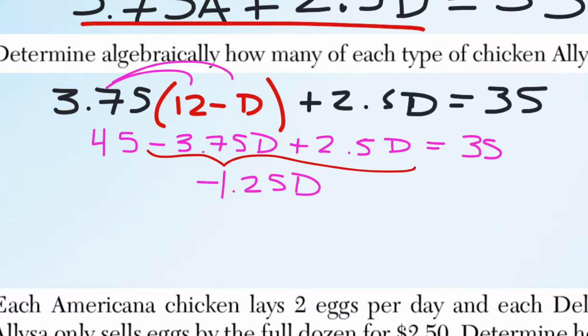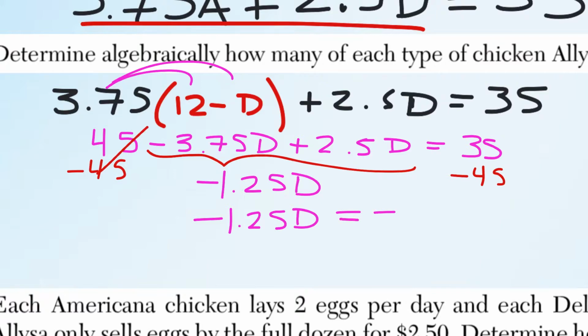And then just to save some time here, I'm also going to do an extra step right away by subtracting this 45 from both sides of the equation, canceling that out. So now what we're left with is negative 1.25D is equal to negative 10. I just got that from doing 35 minus 45.